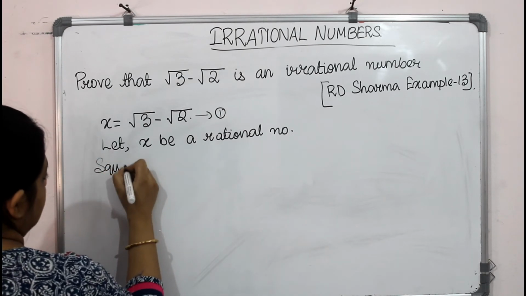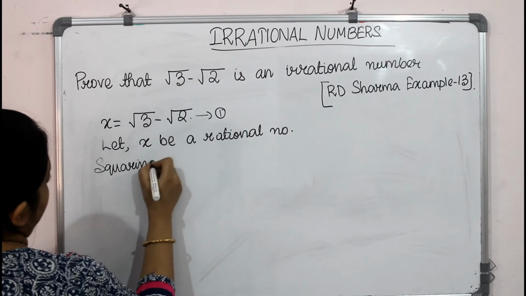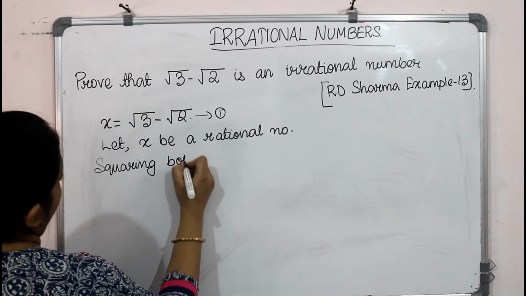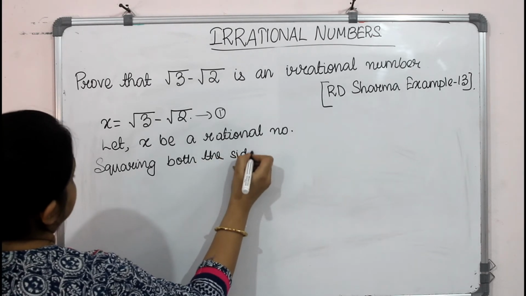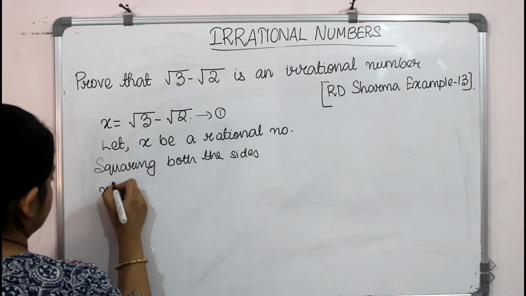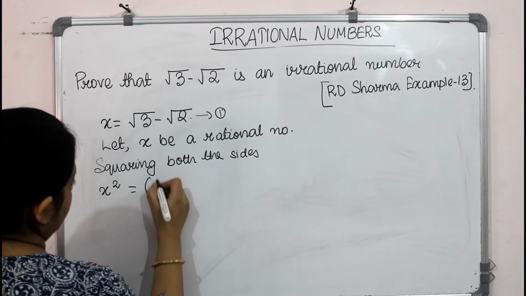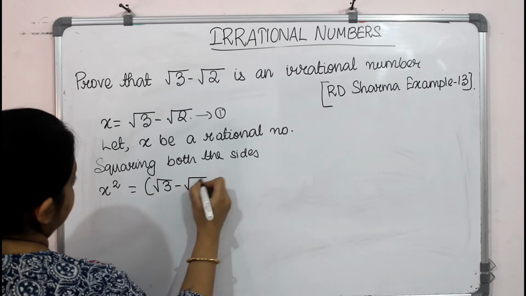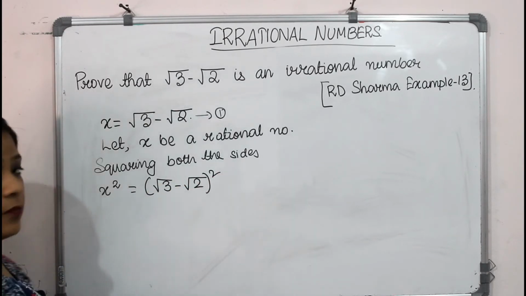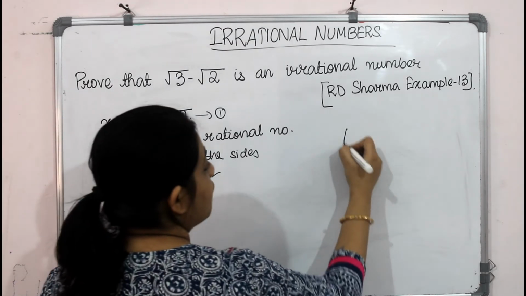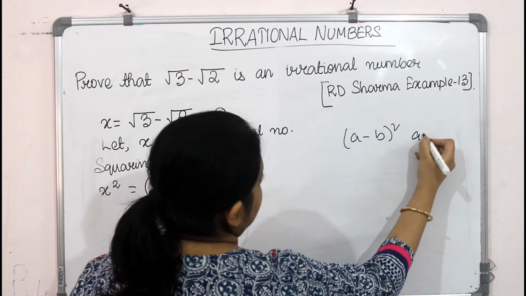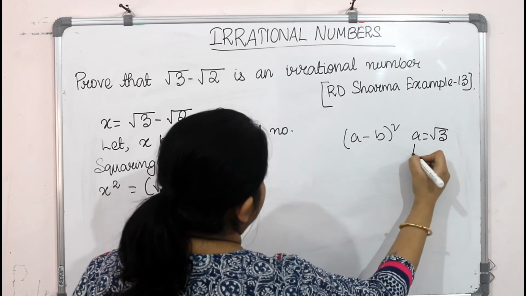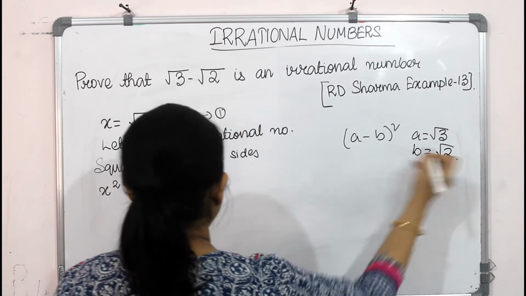squaring both the sides, we get x square equal to root over 3 minus root over 2 whole square. Okay, so it is of the form of a minus b whole square, where a is equal to root over 3, b is equal to root over 2.